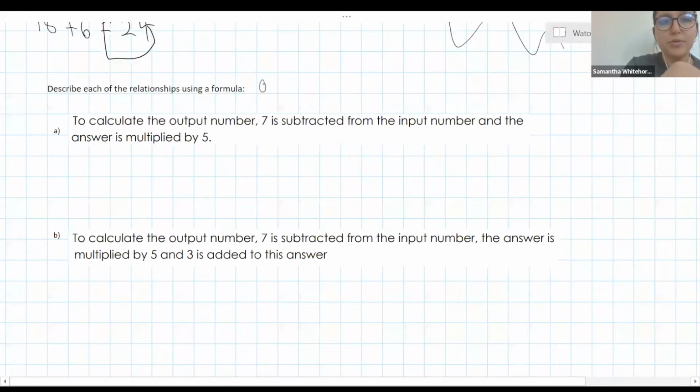One is your output value, and basically that is the answer you get once you've performed some sort of operation, that is expressed with Y. And we've got our input value, which is basically the number that we perform operations to, and that is represented by X.